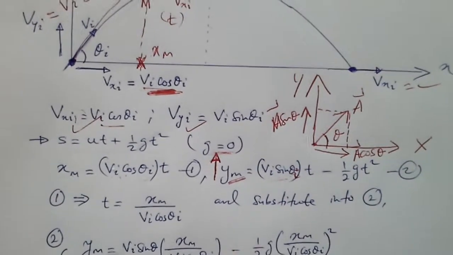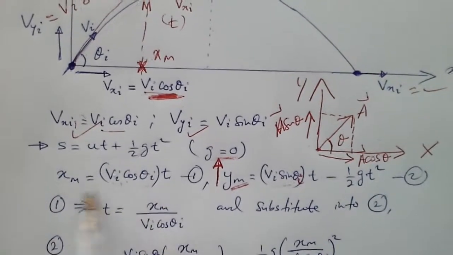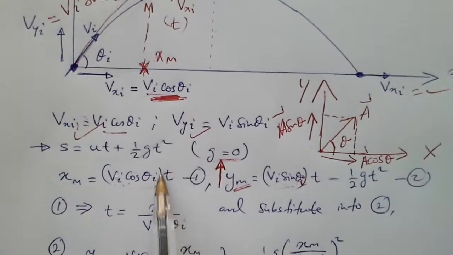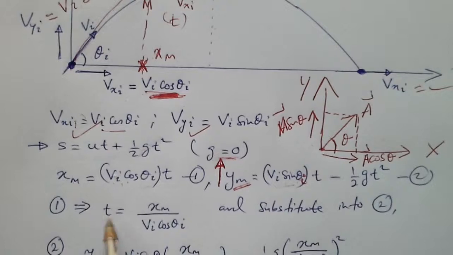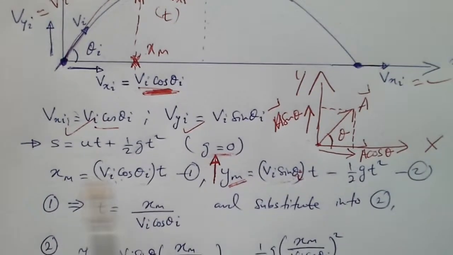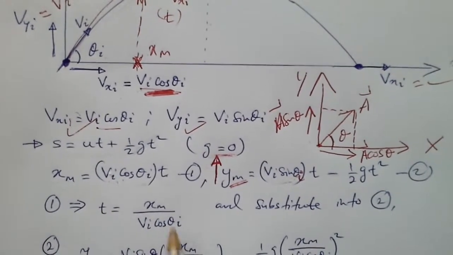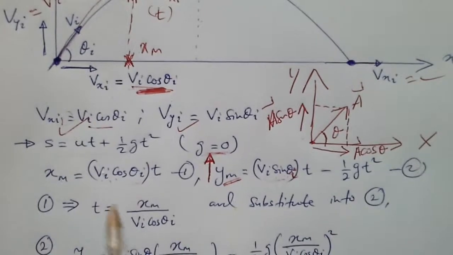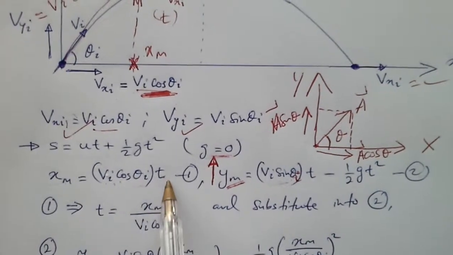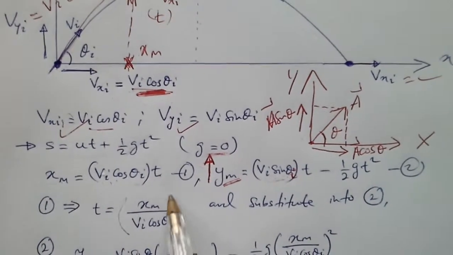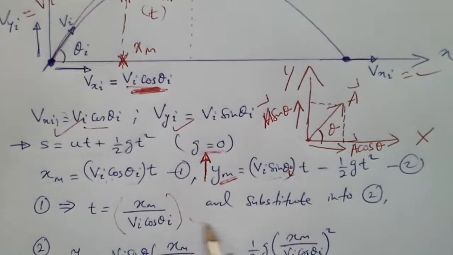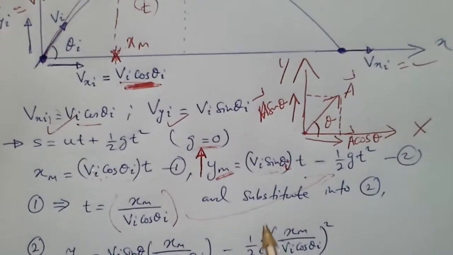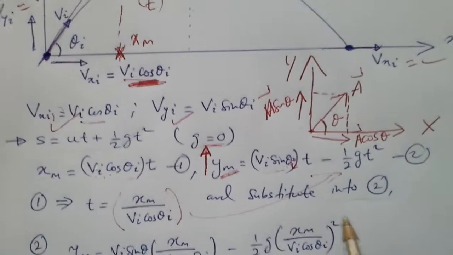From the first equation I can make t the subject. So t will be xm divided by vi cos theta I. I'll take this from equation 1, find what my t is, and substitute it into equation 2.